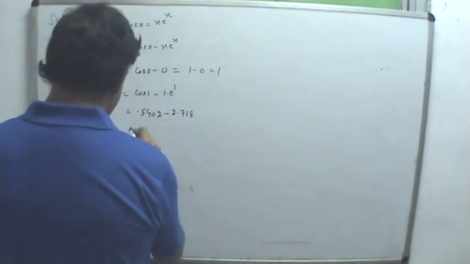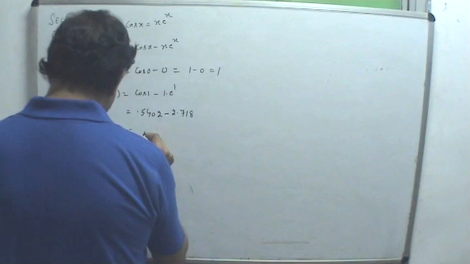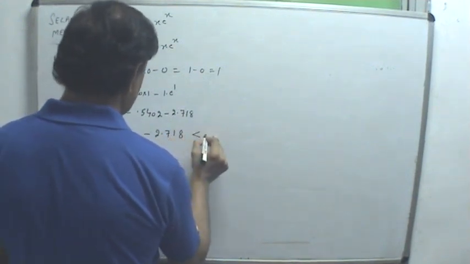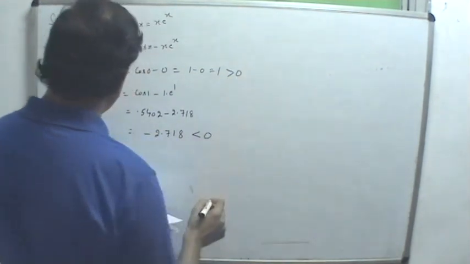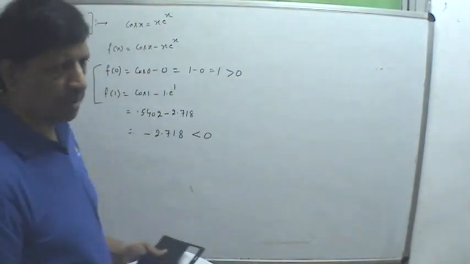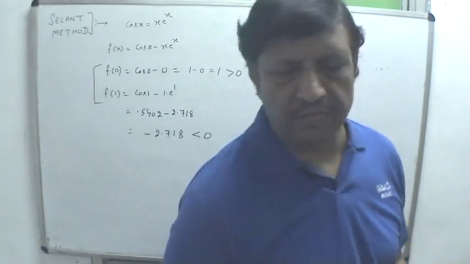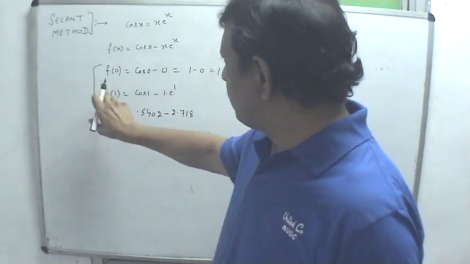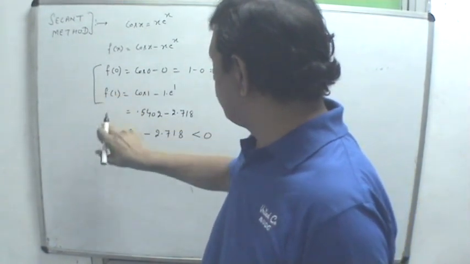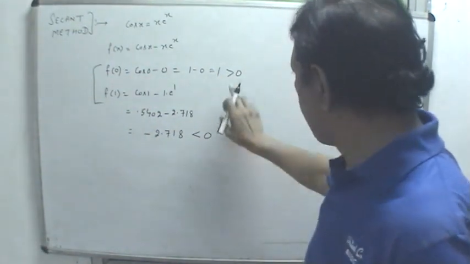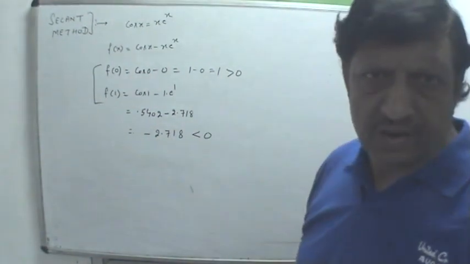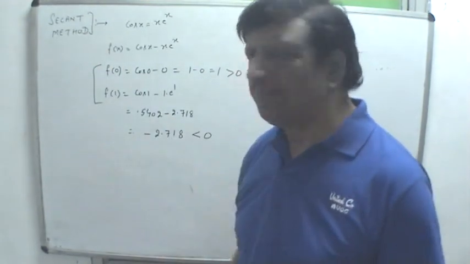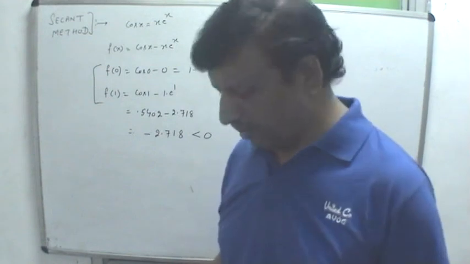That comes to be minus 2.718, less than 0, while f of 0 is greater than 0. It means we got the first oscillation: when we change the value of the variable from 0 to 1, the value of the function changes from positive to negative. It gives us the hint that the root lies somewhere between 0 and 1.